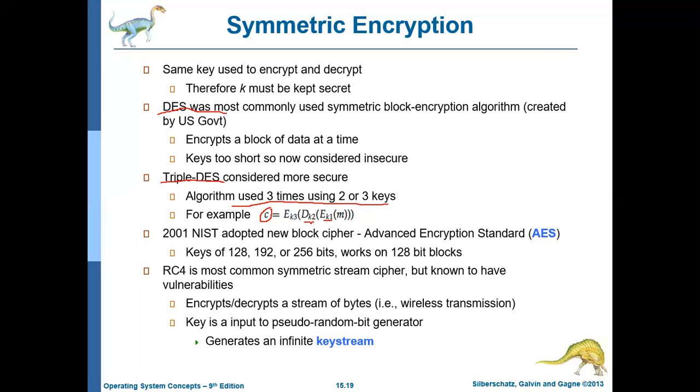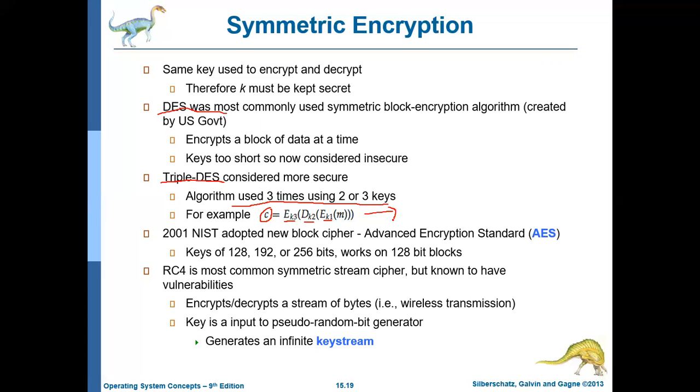Otherwise, you will not get the message. So even though this is decryption, it is also equivalent to encryption, because originally the message is encrypted using K1, and again you are decrypting it using another key K2, which is one form of encryption. This is not true decryption because another key is used. Again, that is encrypted using the key K3. As a result, what you get is the ciphertext, and that is sent to the receiver.